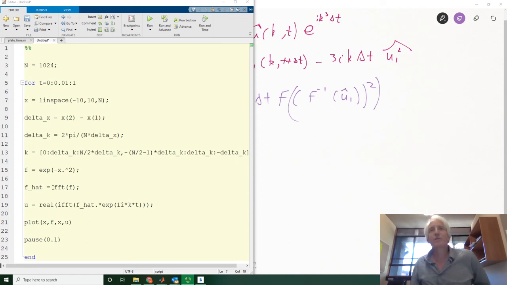So you can Fourier transform using FFT of f, that takes you to the Fourier transform space, and you can inverse Fourier transform using IFFT. These are numerical versions of the Fourier transform. We'll talk a lot more about how they work and the theory of them, but right now we're just going to accept that we can Fourier transform a function using this command, and we can inverse Fourier transform using this, and that the k that we use has to be given by the special formula.